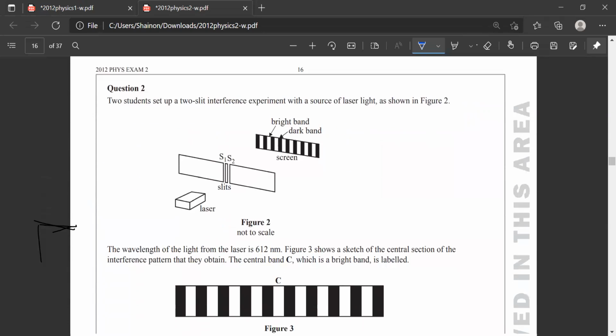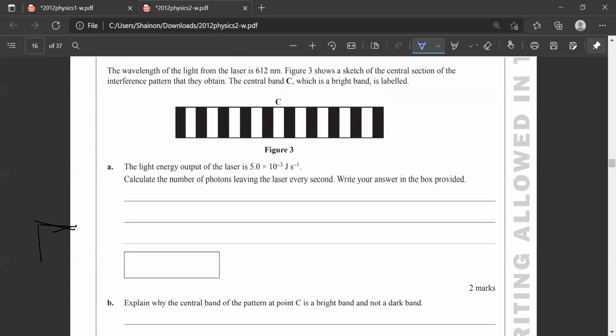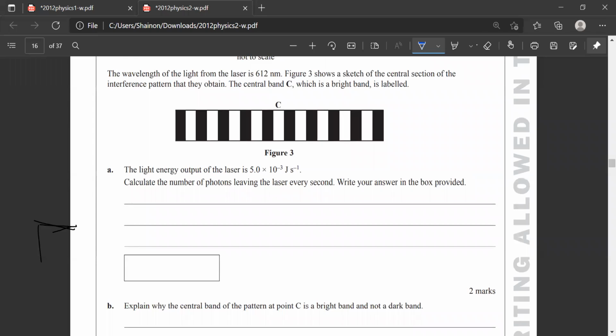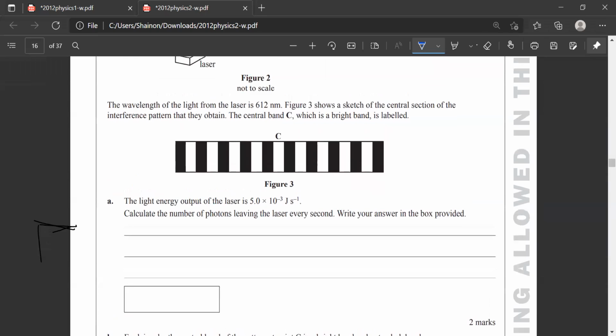So the next question, the light output. Indicate the number of photons leaving the laser every second. So we need to find the number of photons.